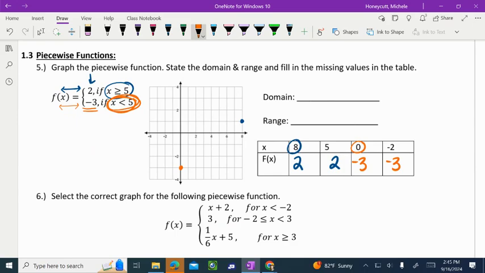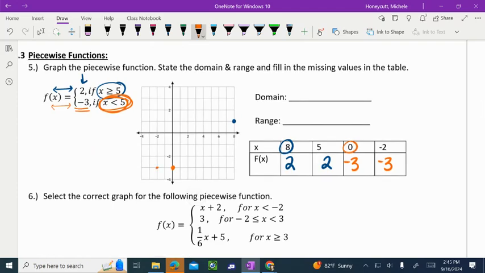Okay, so there's also a point at -2, -3. Then I need to plot my other point, 5, 2. Oh, I plotted 8, 2 wrong. 8, 2 is here.